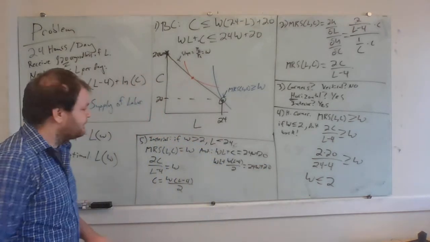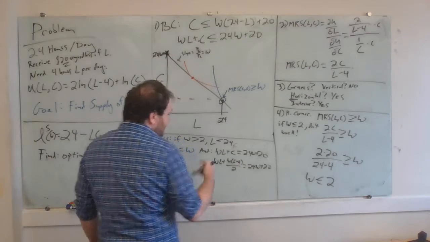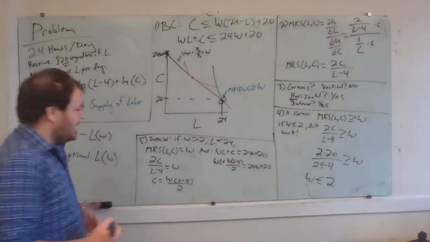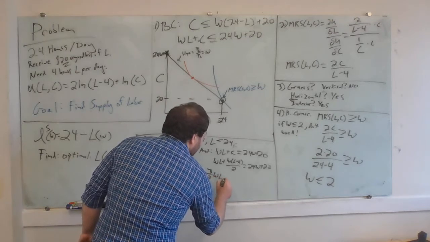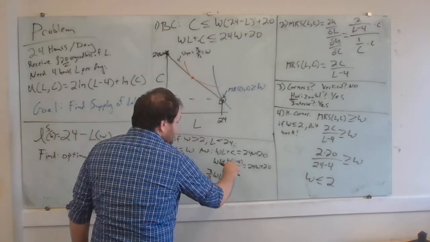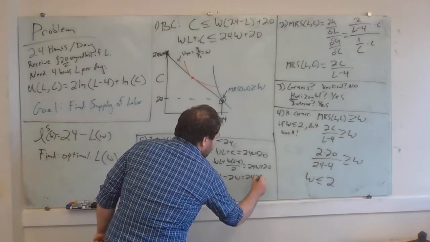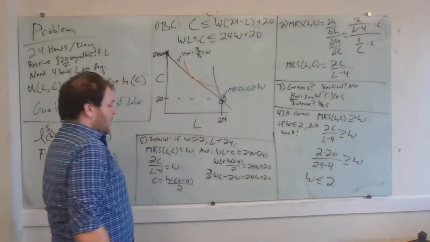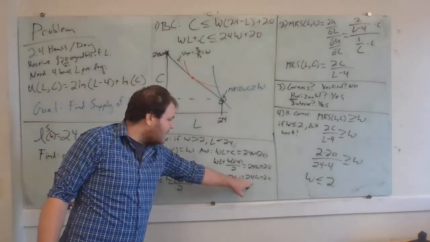This makes sense? So now I can simplify this. I'm going to bring all of the L terms together and bring everything that doesn't have an L in it together. So I'll say 3/2 WL minus 2W has to equal 24W plus 20. Now I'm going to bring over this minus 2W to the other side.